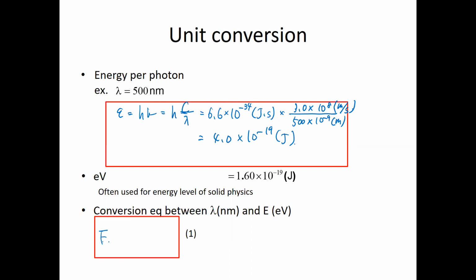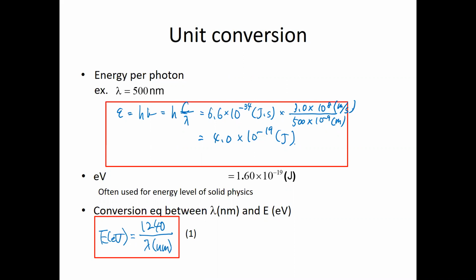So what I want to do is give electron volt as a function of lambda in nanometer. So if you want to try, please stop the video and then calculate this. The answer is 1240 divided by lambda in nanometer.